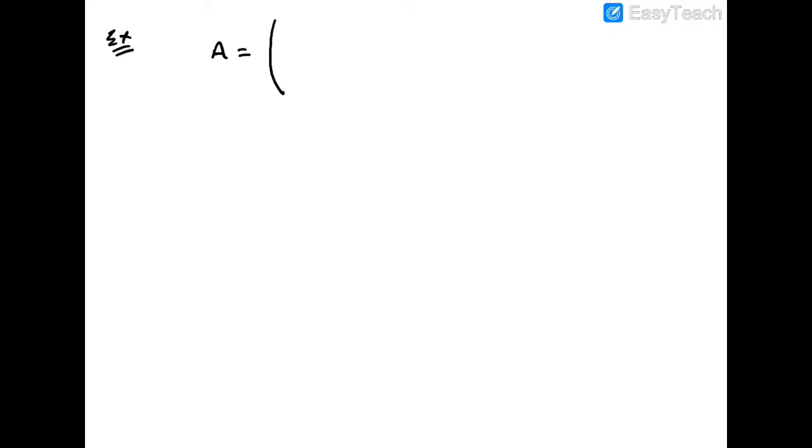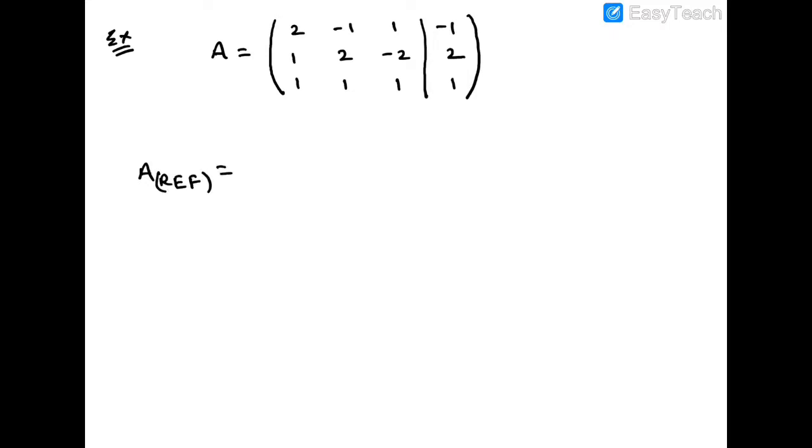Now let's take an example with an augmented matrix 2 minus 1 1 minus 1, 1 2 minus 2 2, 1 1 1 1. So its row echelon form is, that is REF, 2 minus 1 1 minus 1, 0 1 minus 1 1, 0 0 minus 4 0.